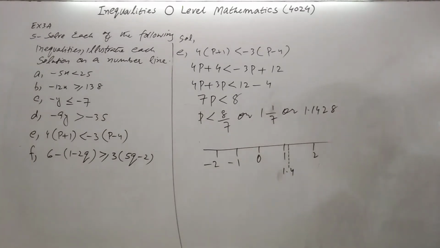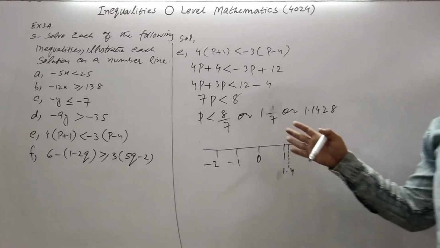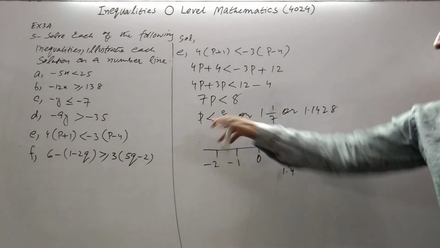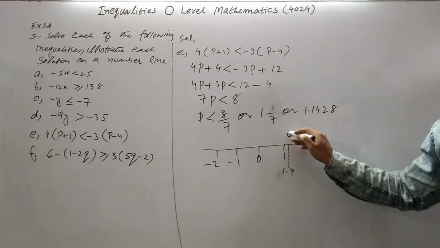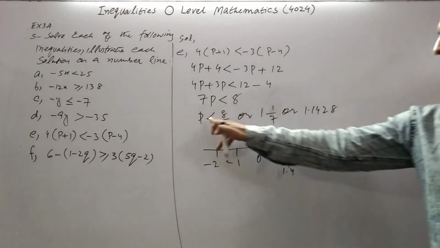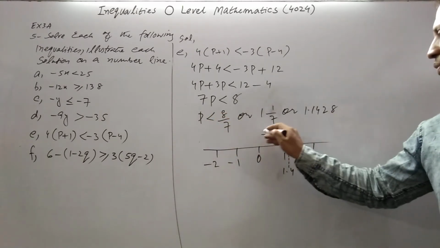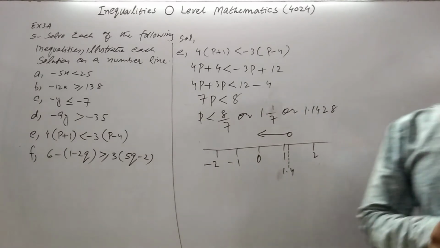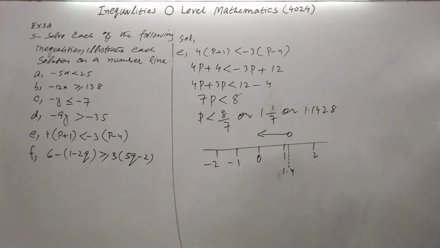So it's up to you which number line you feel comfortable with. This is less than, so we should draw an empty circle because there is no equal sign, and the direction of the arrow on the left hand side. This is part E.